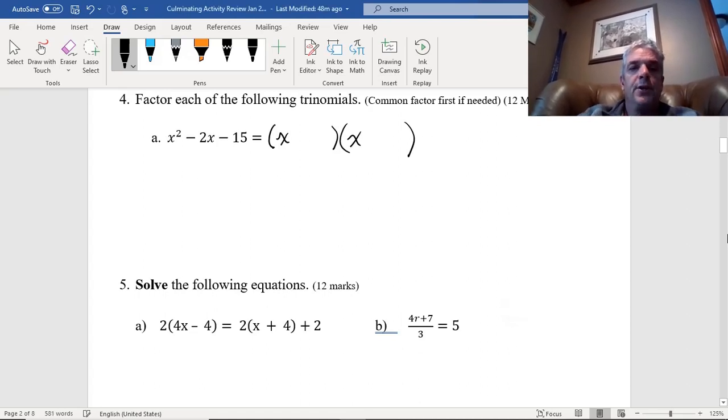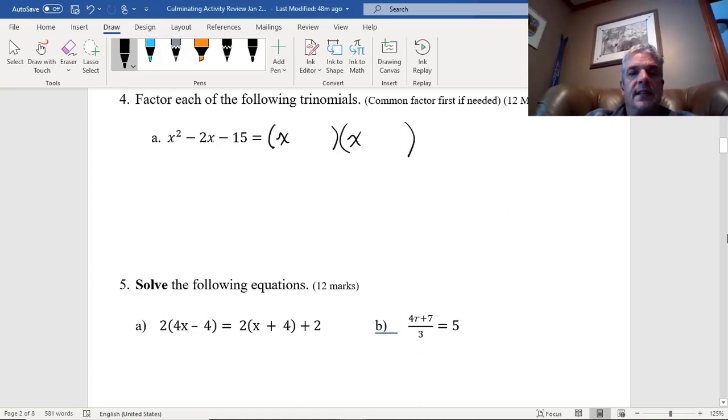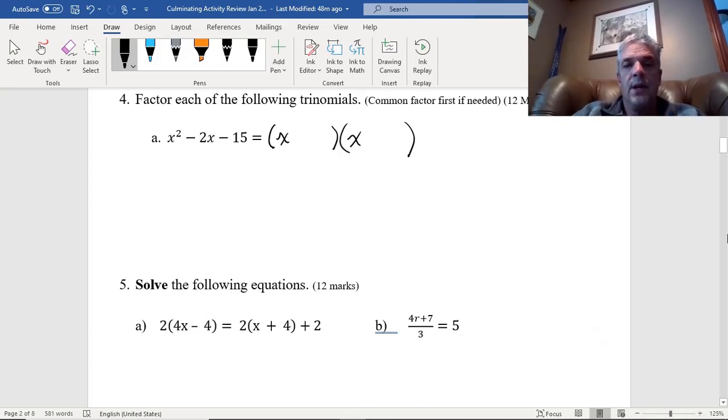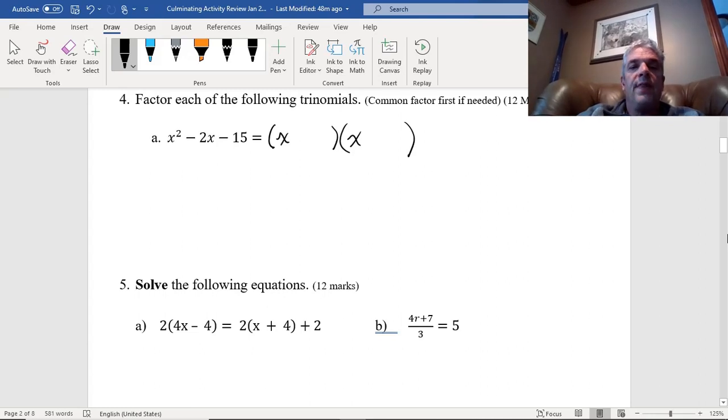Then I said to you, remember, if this is negative, that tells me one is positive and one is negative. The only way this number is going to be negative is if one of these numbers is positive and one is negative, because those two numbers that we put in here will multiply to give me 15. So I know that they are positive and negative. And because negative is in the middle, I'm going to start with the negative here and the positive here.